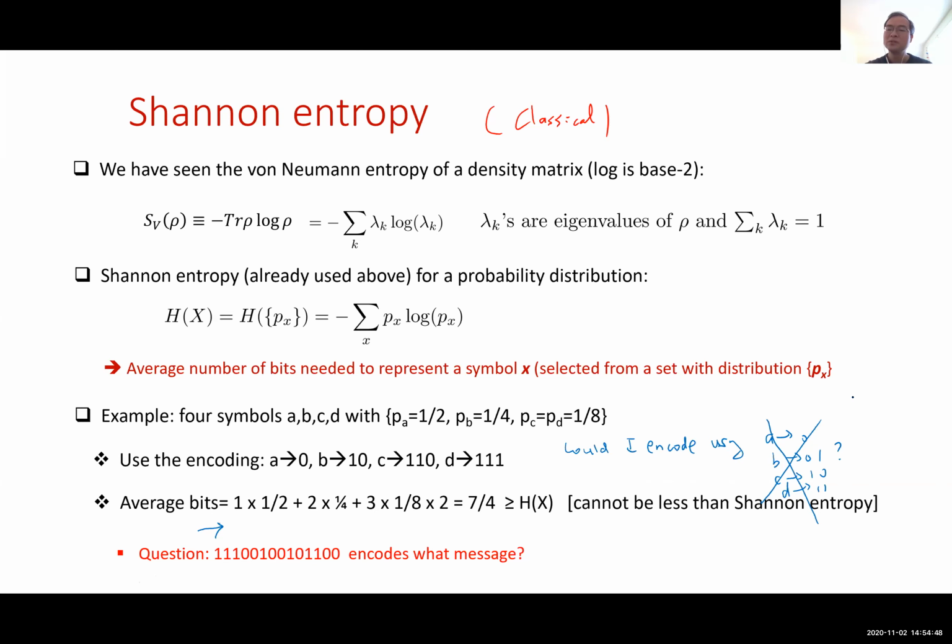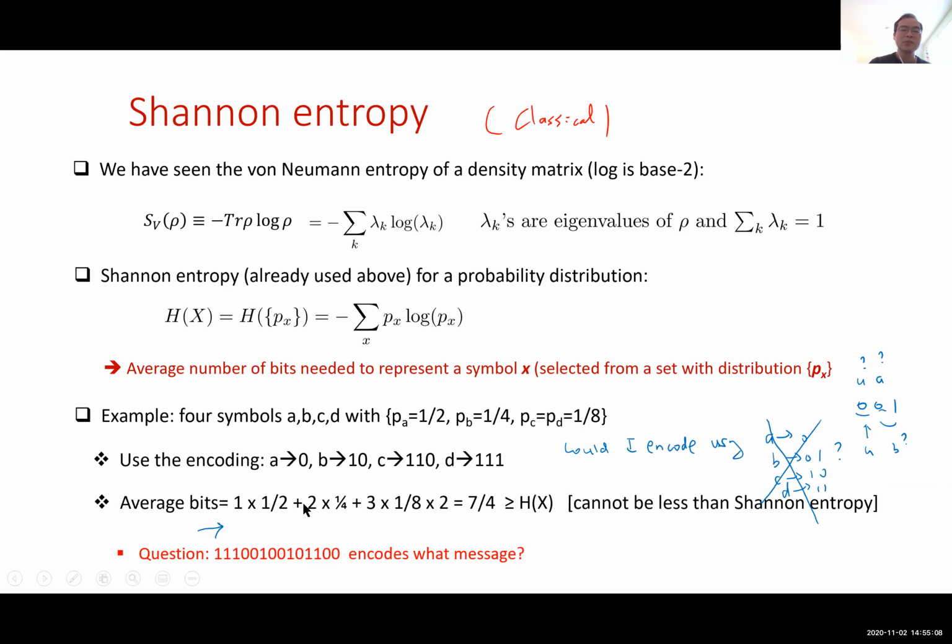If I use 0, 0, 1, should I assign this as A and this is also A? Or should I assign this as A and this is B? So there's ambiguity, right? So it's not that arbitrary that you can just encode messages.